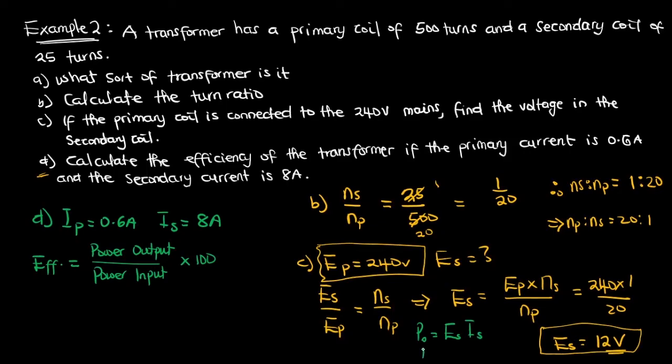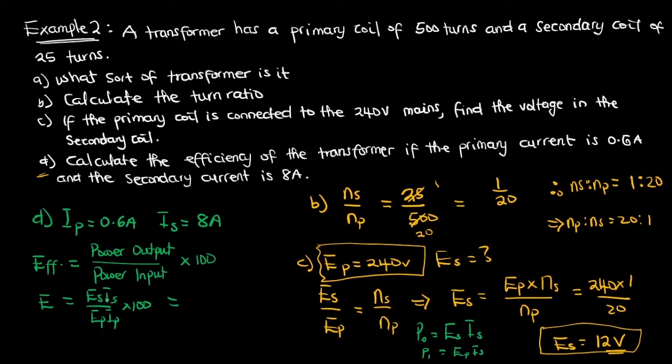Now, the power input, which I'll write as PI, is equal to the power in the primary coil. So that would be the potential difference, or EMF, in the primary coil multiplied by the current in the primary coil. So this is effectively equal to ES IS over EP IP, multiplied by 100.